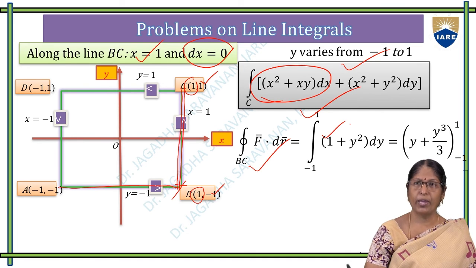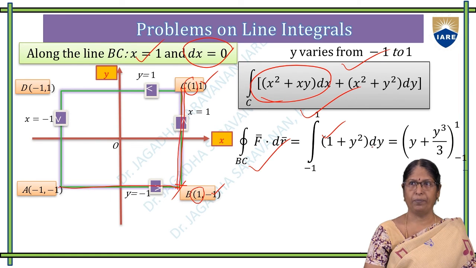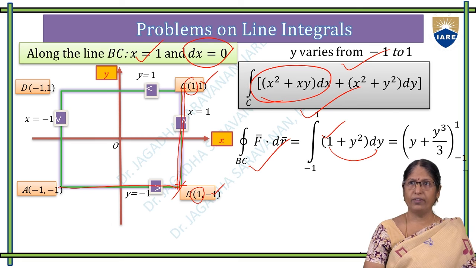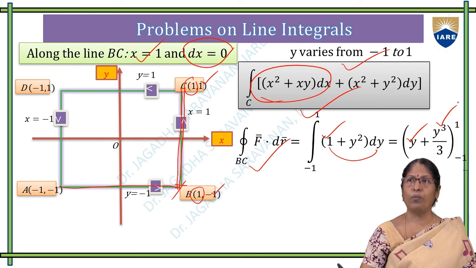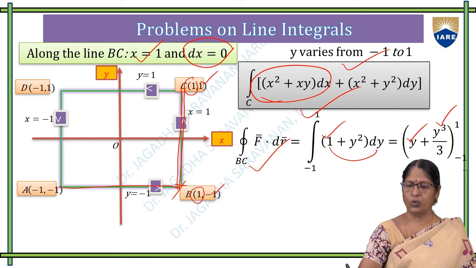So it becomes the integral of 1 plus y square dy. The integral is y plus y cube by 3, from minus 1 to 1.